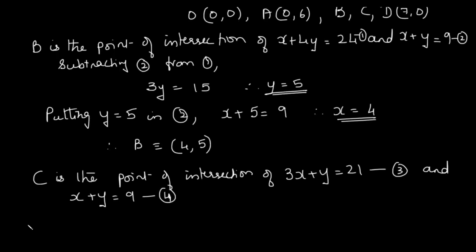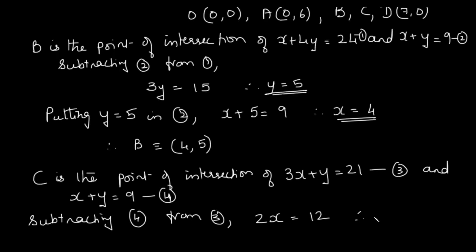Like we did in the previous case, subtracting 4 from 3, the y value goes away, and so we get 3x minus x, that is 2x, is equal to 21 minus 9, which is 12. Therefore x is equal to 6.